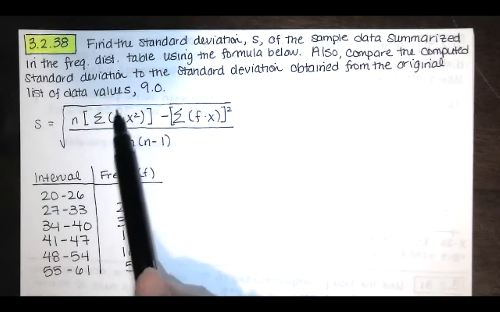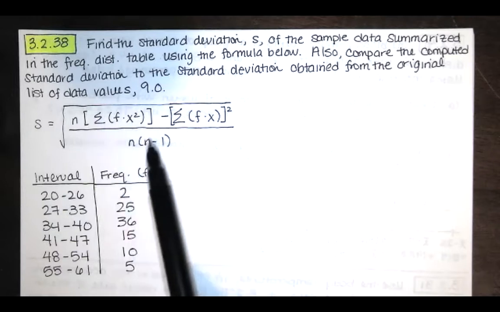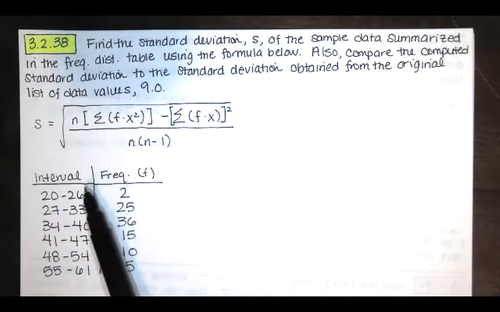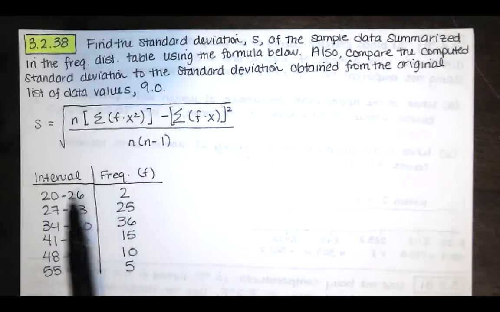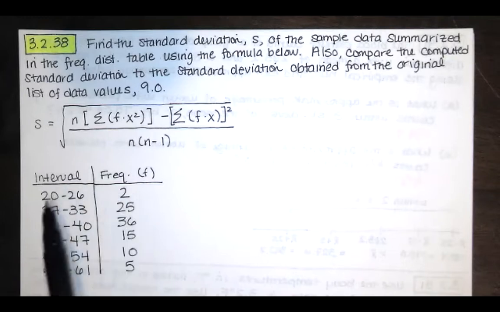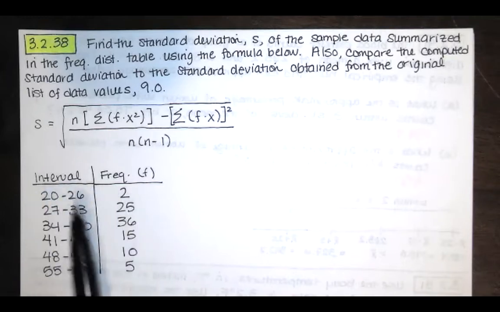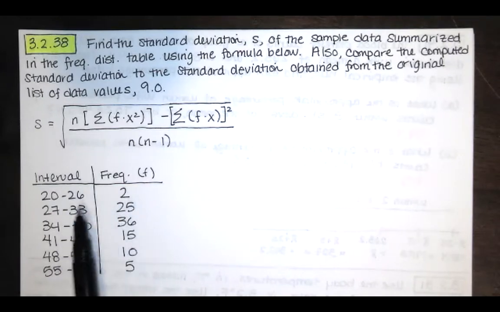And then over here in our sample standard deviation formula, normally we have the sum of the x's squared. Since we don't actually have the x's, we're going to take the class midpoints, assume that the class midpoint is approximately equal to all of the values that are in that class. So we'll assume we've got 2 values that are equal to the class midpoint here, and we'll assume we've got 25 values that are approximately equal to the class midpoint here, and so on.